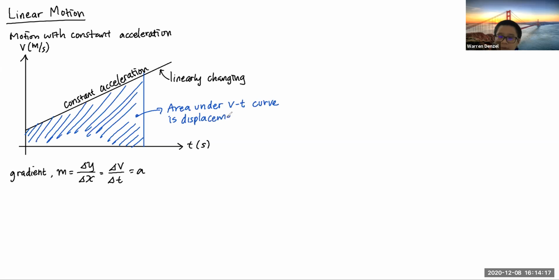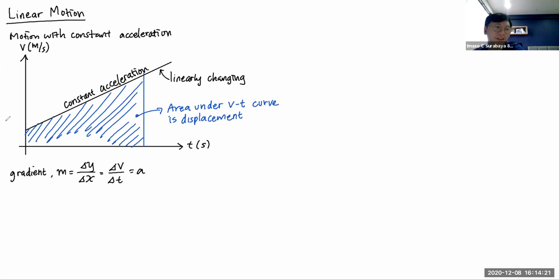It's the same as before. So it doesn't matter what kind of line this is. If it is going upward or it is just horizontal, the area under the VT curve is always displacement.